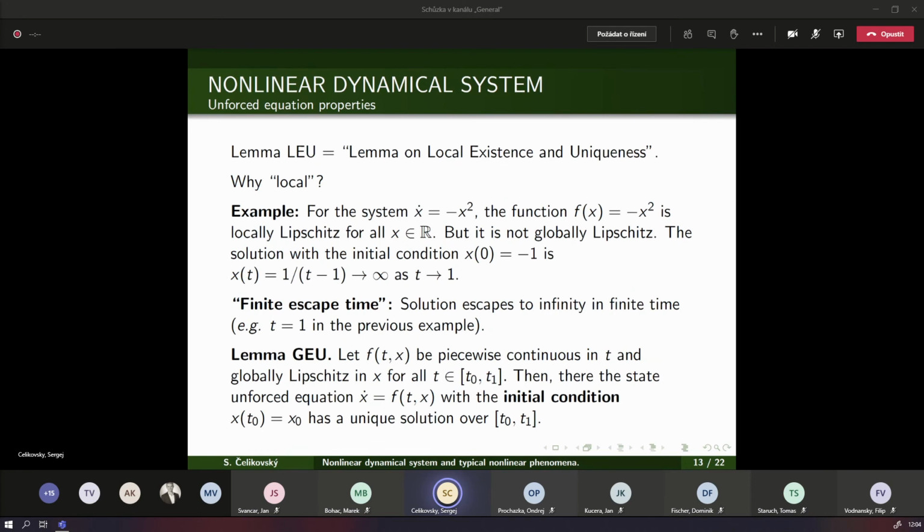So just for your acronyms, why I called it LEU: I wanted to say that this is the lemma on local existence and uniqueness, because in slides or in a presentation, it doesn't make sense to create numbers and labels and then quote it 5 slides later, because you see basically only one slide.